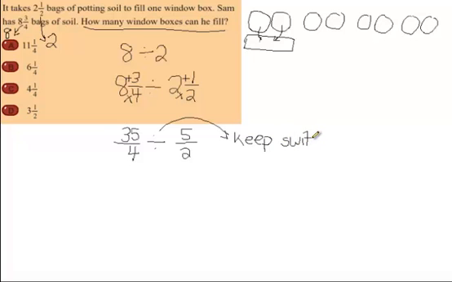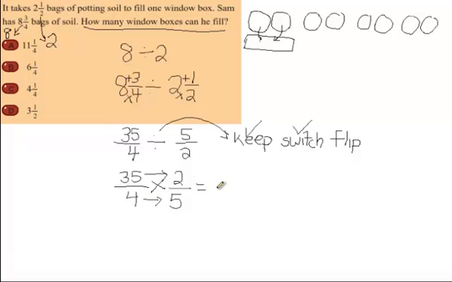Write it down if you have to, but only for division do you use keep, switch, flip. Which means you keep this the same, 35 over 4. Switch the division sign to a multiplication sign. Flip: we find the reciprocal of 5 over 2, that's 2 over 5. And now we shoot, and reduce.